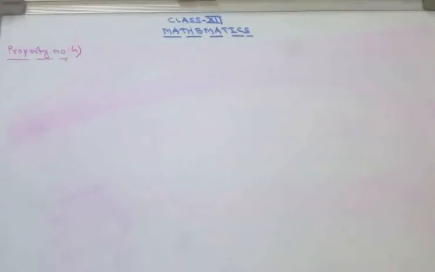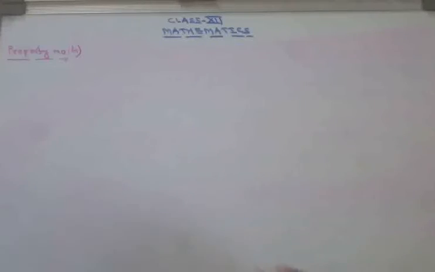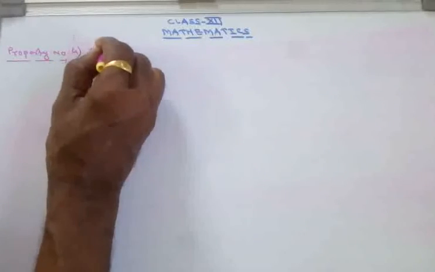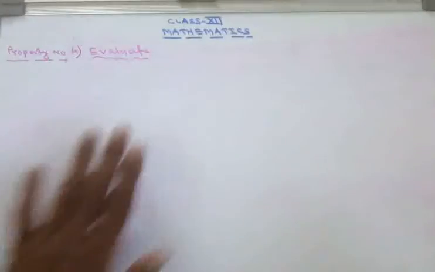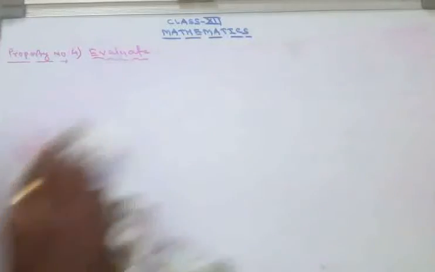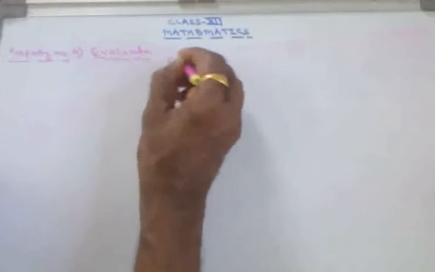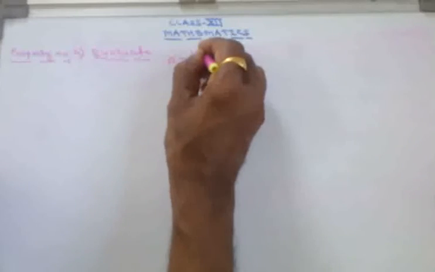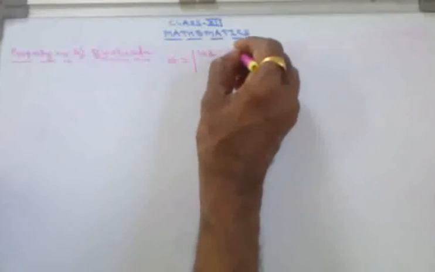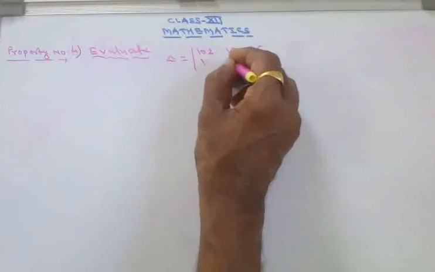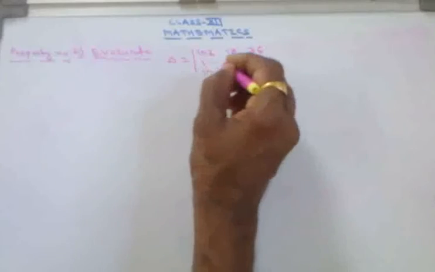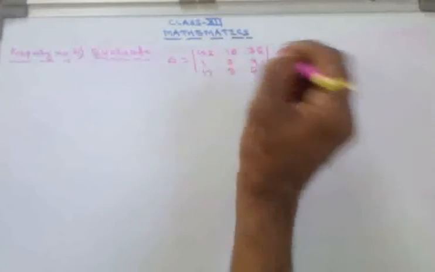Now take a reverse example. Evaluate delta equals the determinant 102, 18, 36, then 1, 3, 4, then 17, 3, 6.